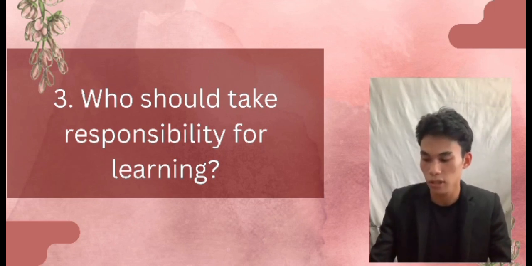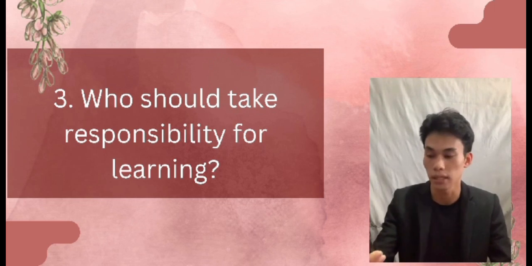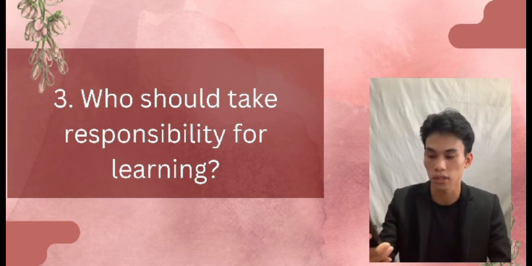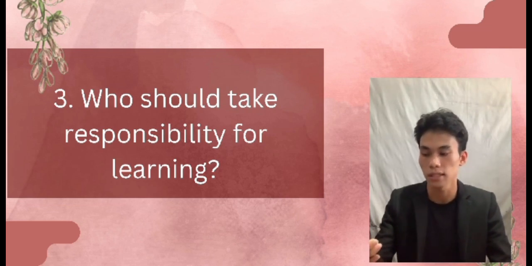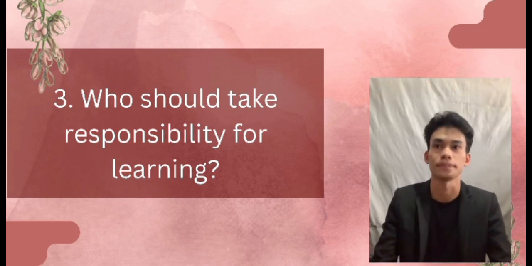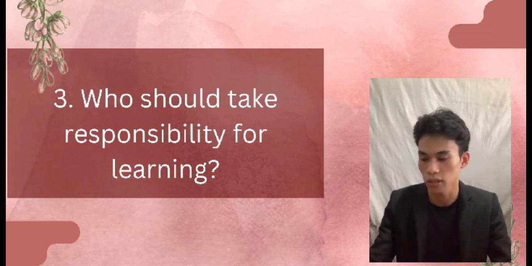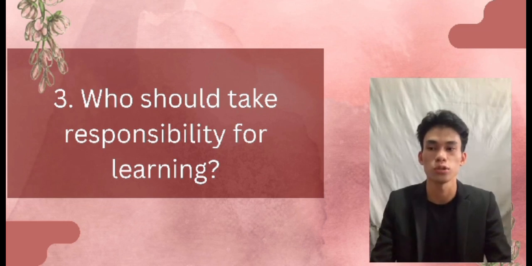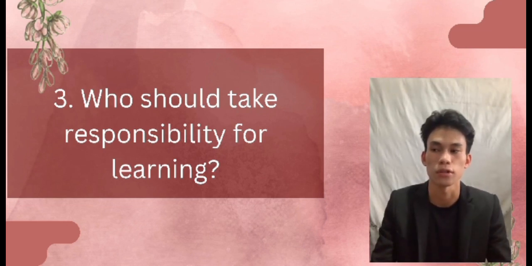Next is the faculty teach students how to take responsibility for learning, and the next one, we have the specific skills can be taught, practiced, and mastered. So each student has their own expertise when it comes to learning. So they have specific skills that can be taught. So we will practice and master. So each student will choose what skills they should master.